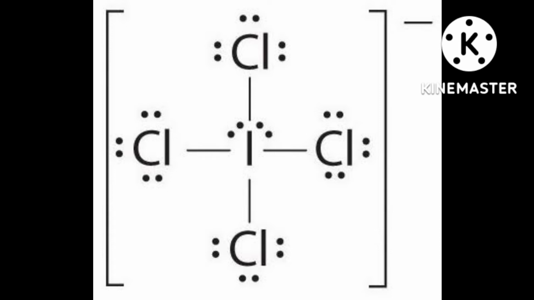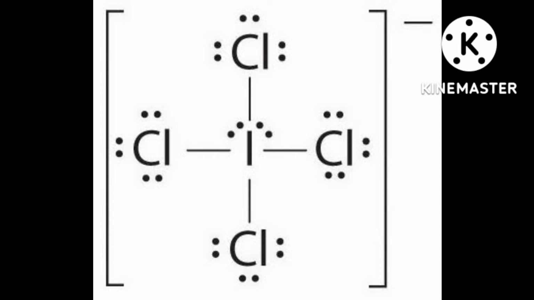Now the second exception I am telling you, odd electron molecules. The first exception I told you was the incomplete octet of the central atom. Second, odd electron molecule. By the heading it is clear.